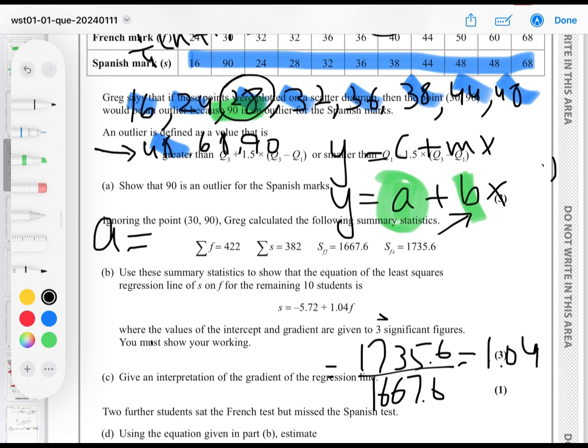So this will be the mean of s minus b, which is the slope, times the mean of f.